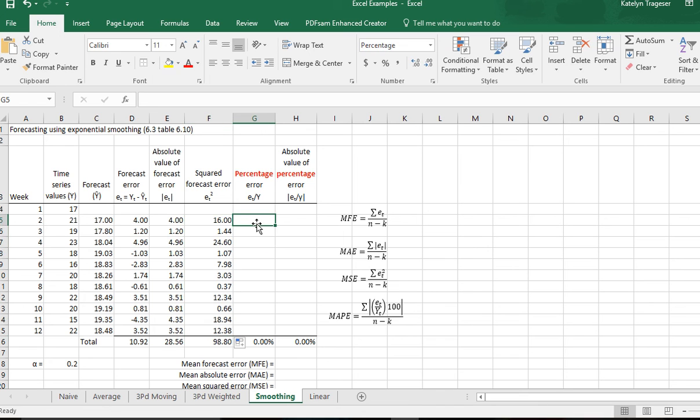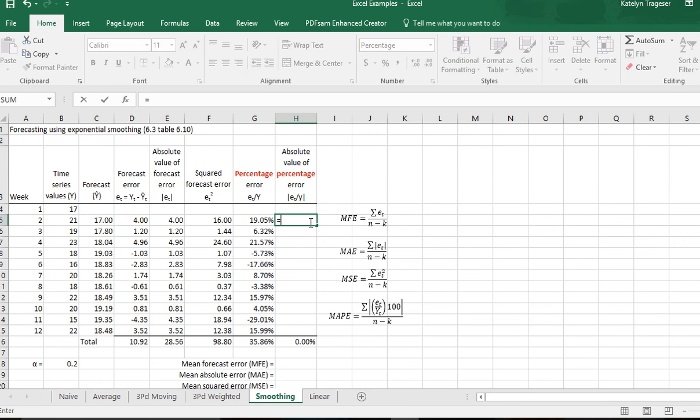And then percentage error is your error divided by your time series value. You want a percent, carry it down. And then finally, your absolute value of percentage error is simply the absolute value of the percentage error you just calculated. Go ahead and copy that down.